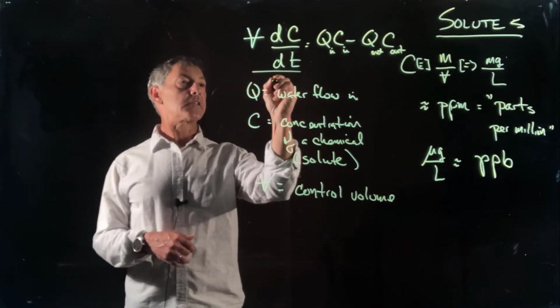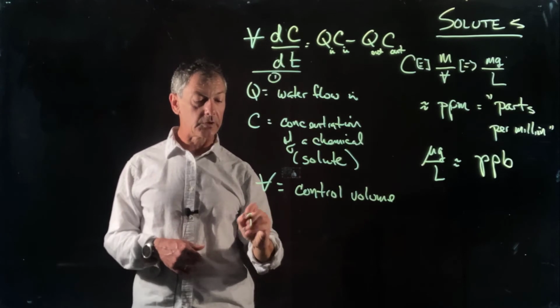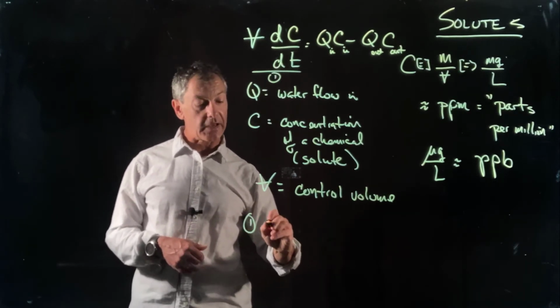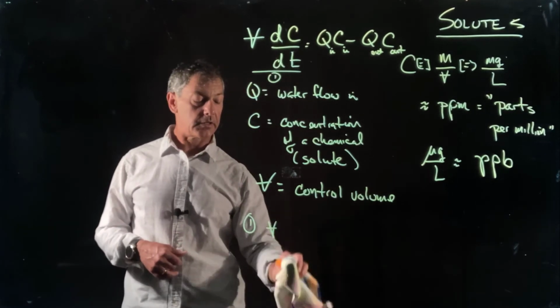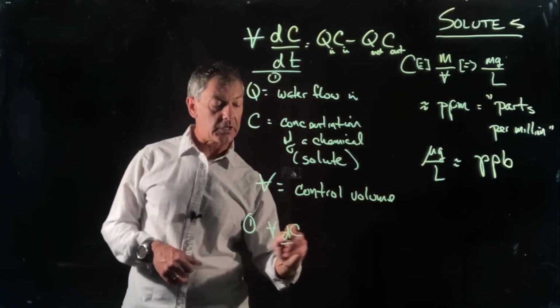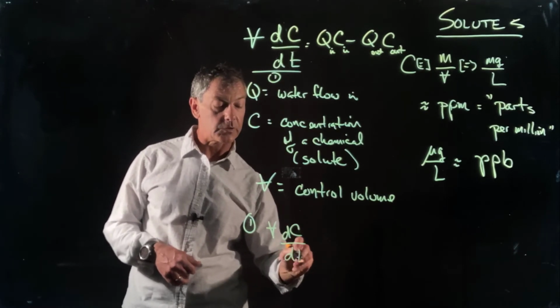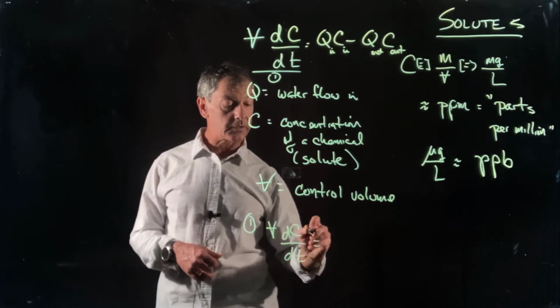So let's say I take this first term here, number 1, and I'm going to look at that term. And so we have volume times the change in, I keep trying to write a partial differential, volume times the change in concentration with respect to time. And if you look at the units here, we have the units, of course, of volume.